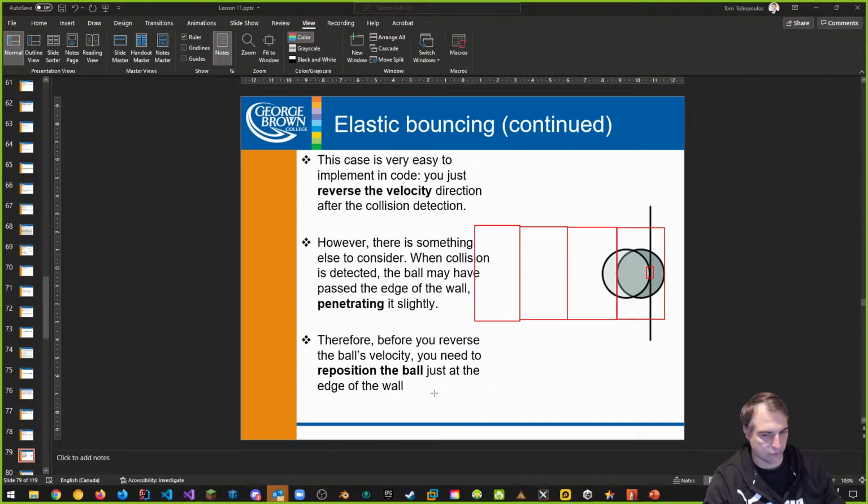Penetration, we need to reposition before we move on. I'm telling you this because this is something you're going to notice. You're going to be dependent on your detection algorithm, the way you use it, and how many frames. Obviously, the higher the frame rate, the more accurate the collision is going to be. That means we can do more calculations per second, and the more slices of time we're dividing the motion of the ball into.